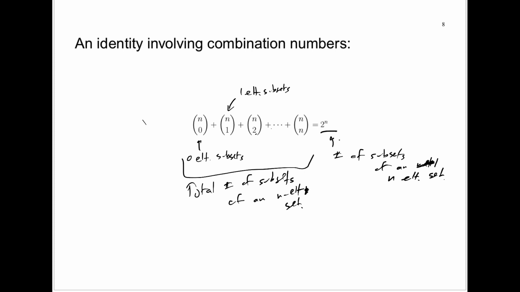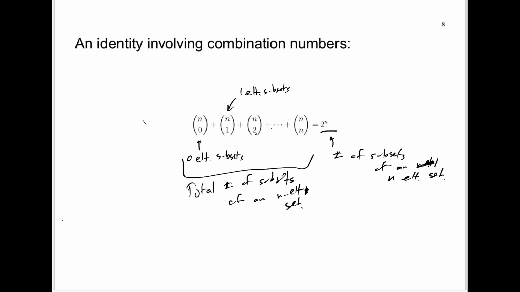And so they both count the same thing, so they must be equal. And this will be true for any number n equals 1, 2, 3, etc. It's also true even for n equals 0. So for n equals 0, 1, 2, 3, etc., this identity holds.